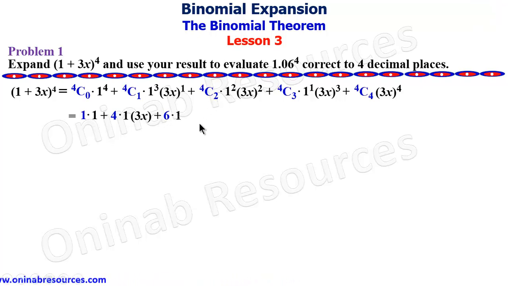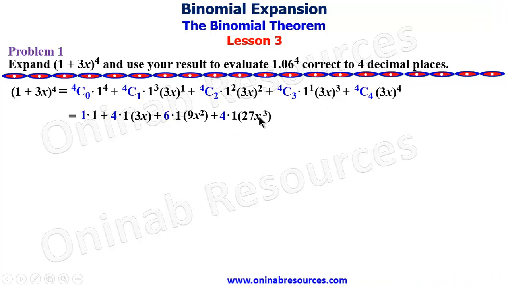Then times 1, 3x squared will give us 9x squared. Then plus 4, because 4 combination 3 gives 4. Then times 1 into 27x raised to power 3. 3 raised to power 3 is 27, then x raised to power 3.